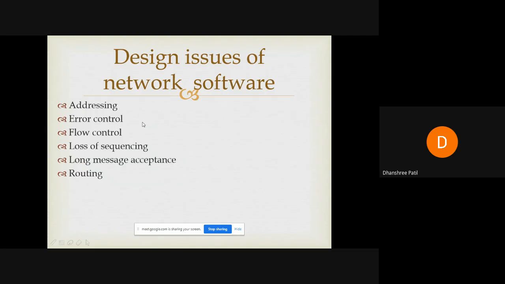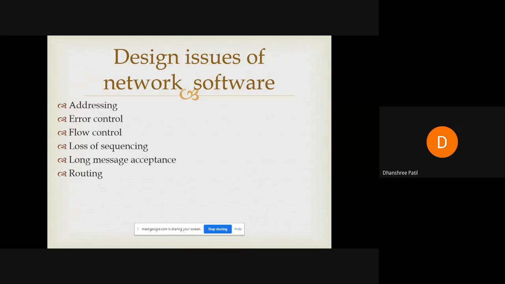Then error control: some strategies for detecting and correcting errors are used, for example CRC or Hamming code. Likewise these are used to control errors during transmission. Okay, then flow control means what? The sender should not be too fast and the receiver should not be too slow; there must be some synchronization between the sender and the receiver.